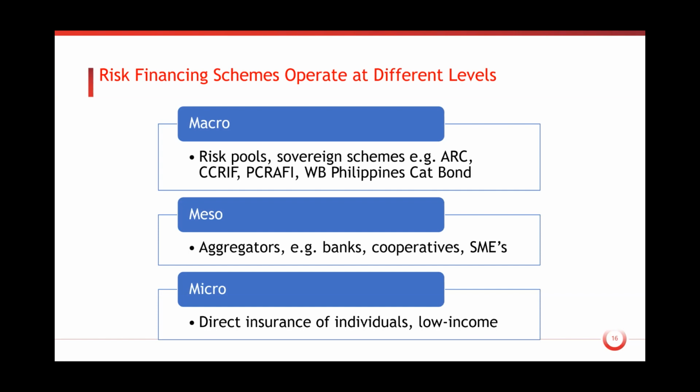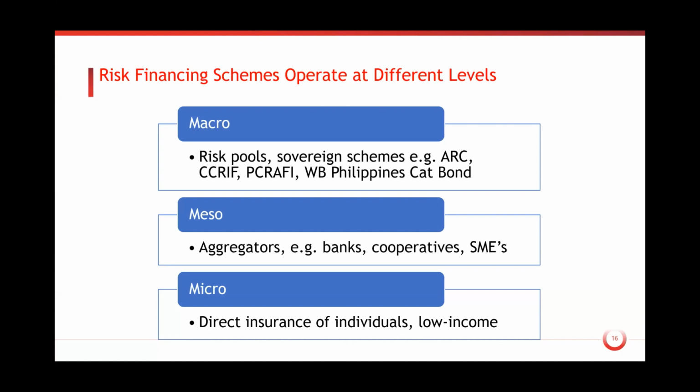So there are very successful schemes in the Caribbean and the Pacific of risk pools that have been set up for typhoons and cyclones. And other sovereign schemes, such as the Africa Risk Capacity Against Drought, is another example of that type of multinational macro level scheme, where the government is the risk owner and is benefiting from risk transfer and risk insurance.